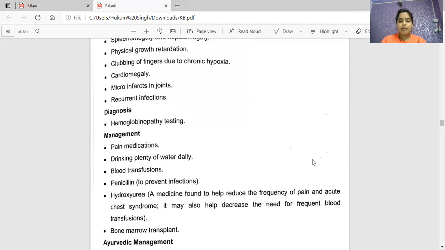Hydroxyurea, a medicine found to help reduce the frequency of pain and acute chest syndrome, may also help decrease the need for frequent blood transfusion. Next, at last, is bone marrow transplantation.